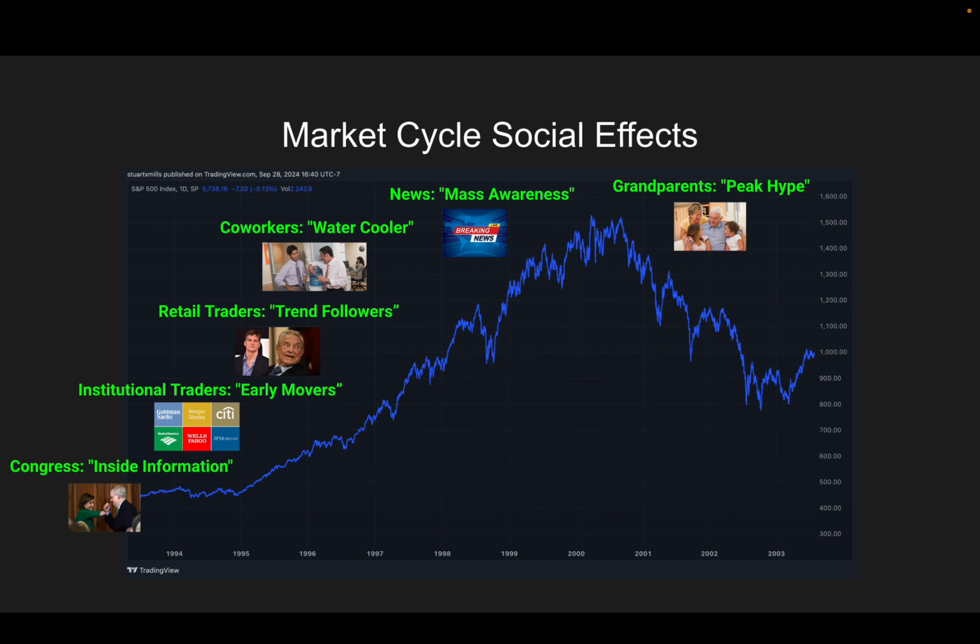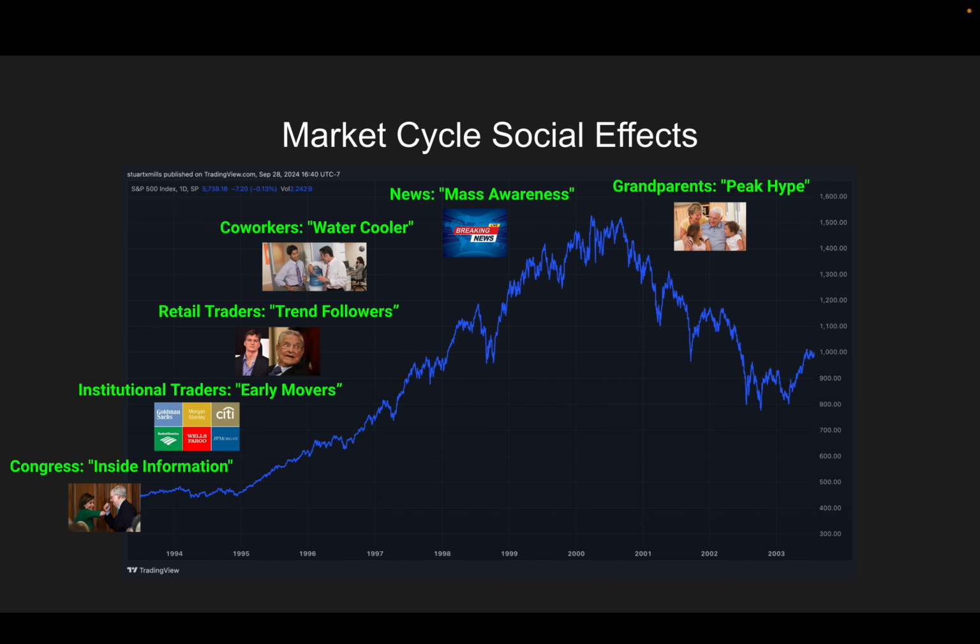So now that we understand the phases of the market, I want to talk about market cycle social effects. So here we have many social classes or types, and this chart is the 90s tech bubble on the S&P 500.